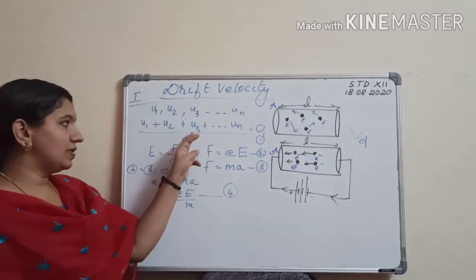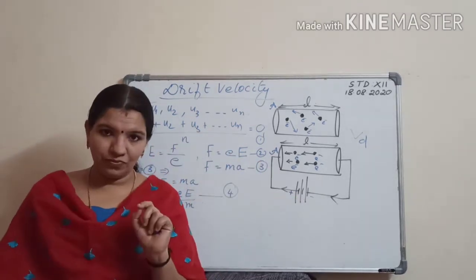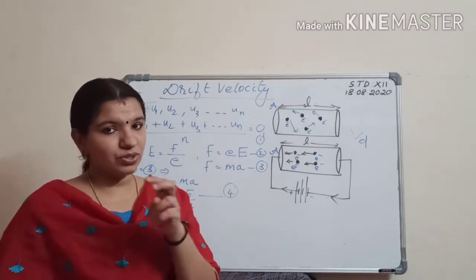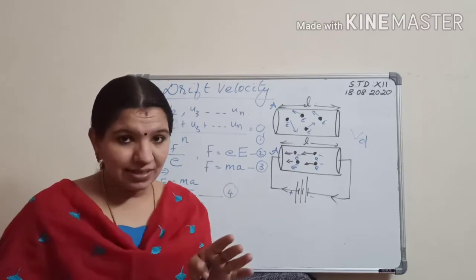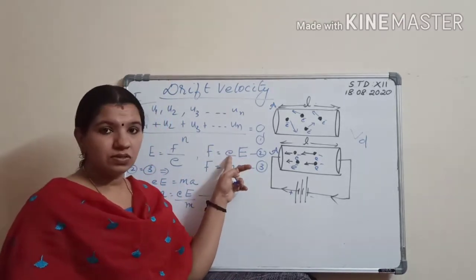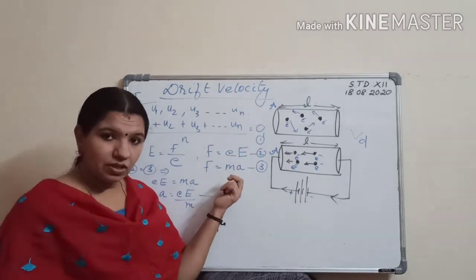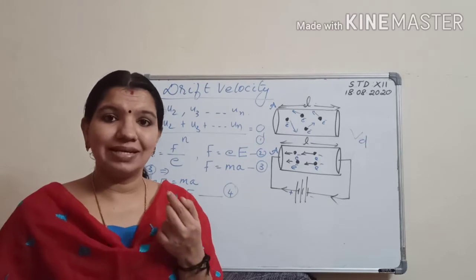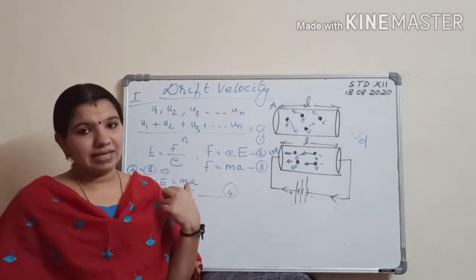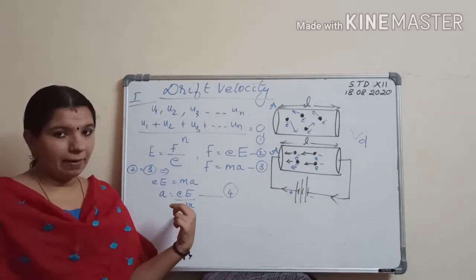That is the first equation. Next, we are providing an external field, and because of this field, there will be a force exerted on the electron so that it drifts to one side, given by F is equal to eE, where e is the charge on the electron. You can relate this with Newton's second law, F is equal to ma. Equating these two, you get the expression for acceleration, a is equal to eE by m. Understand?